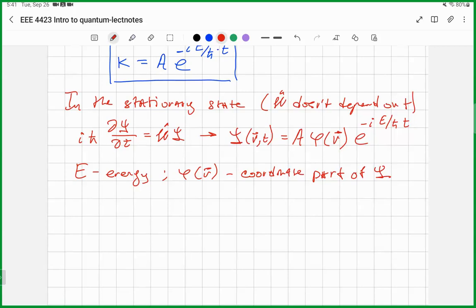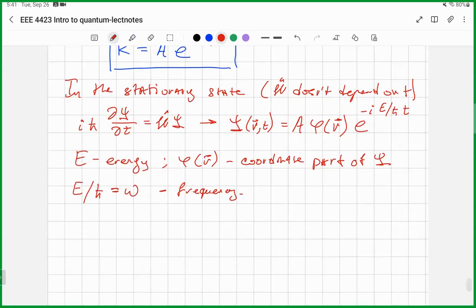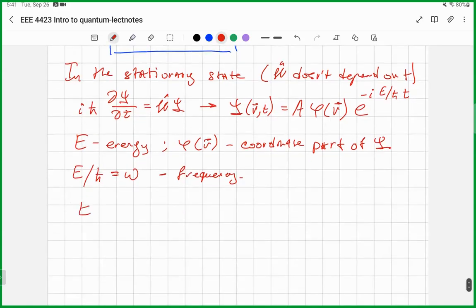And usually this energy over h bar is denoted by omega and called the frequency, right? So the energy in this case is equal to h bar omega. This is the famous Planck's formula.